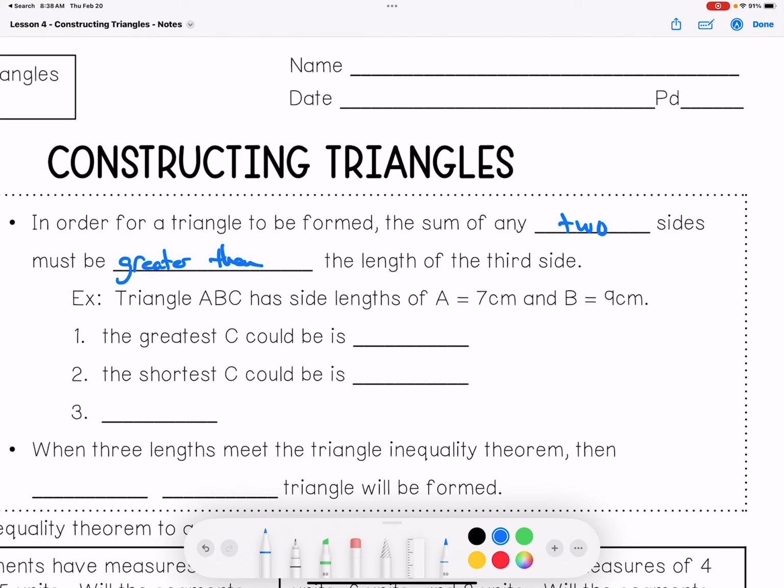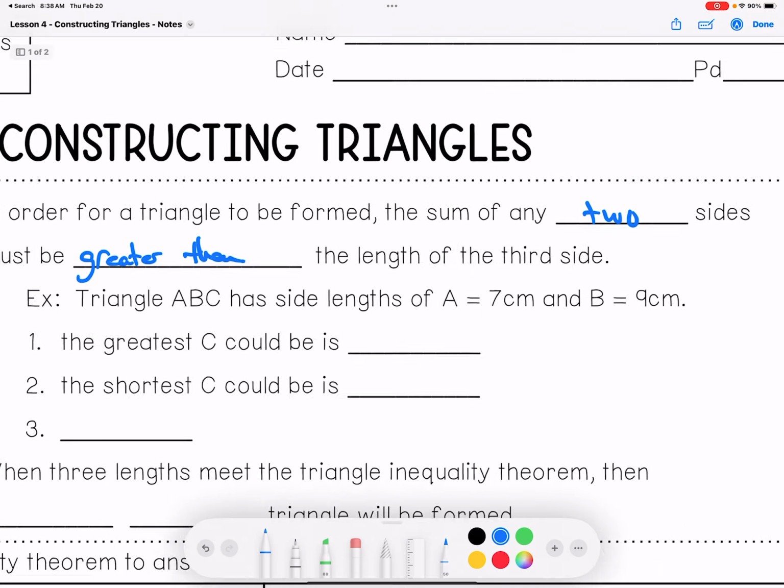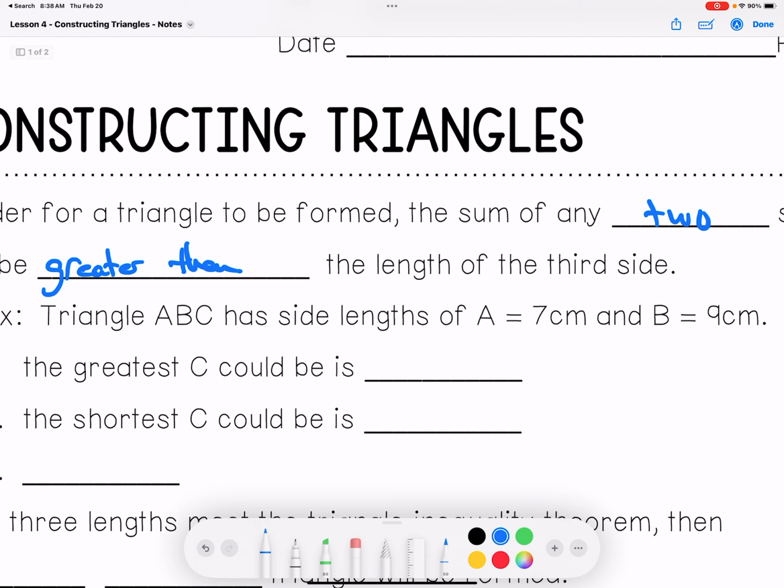For example, triangle ABC has side lengths of 7 and 9. So the greatest that C could be would be, and you write both of these, okay?